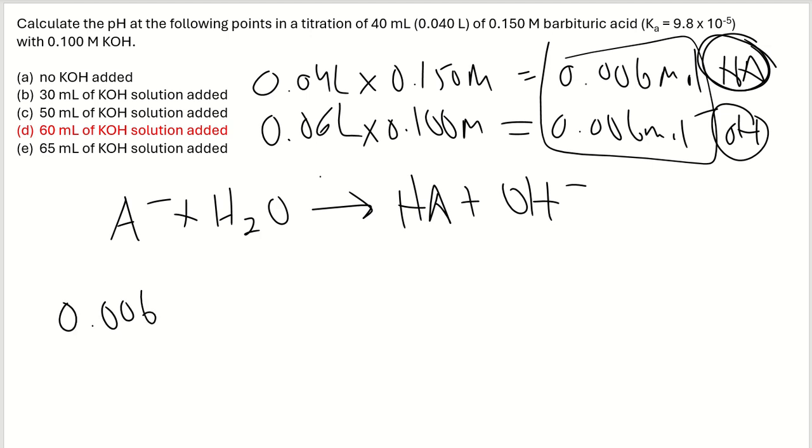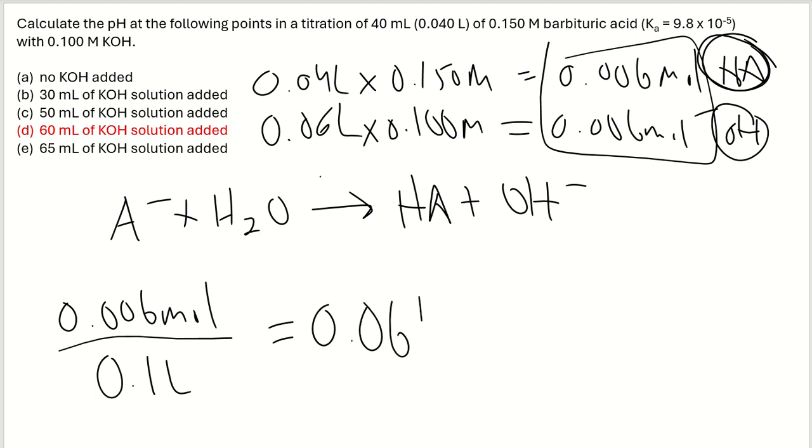So 0.06 moles divided by the total volume, which is going to be 100 milliliters, or 0.1 liters, because we're doing concentration, it has to be in liters. What we get is 0.06 molar. So that is the concentration of the A minus we're starting with. And again, we got there by taking the moles of HA, knowing that it is converted to A minus, and dividing by the total volume of the solution.